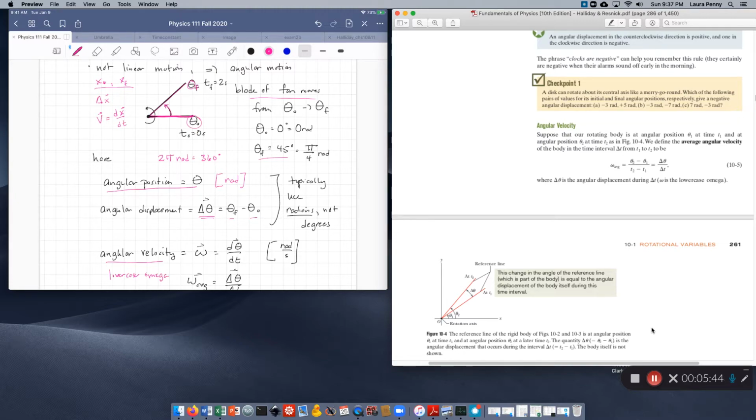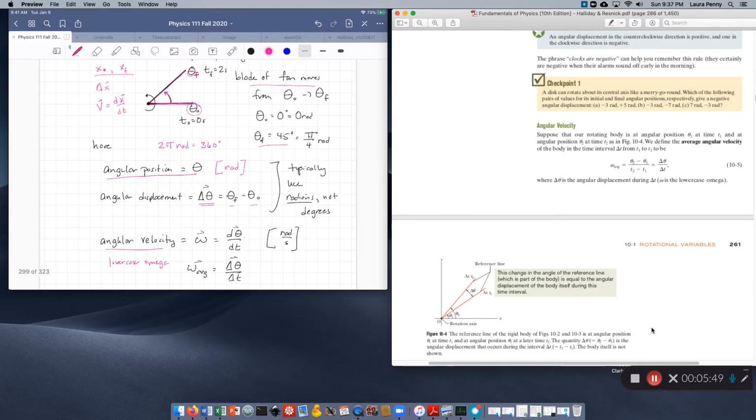Omega equals the derivative of angular position with respect to time, just as our regular linear velocity was the derivative of position with respect to time. The average angular velocity, average omega, would just be the angular displacement over the time it took to do it.